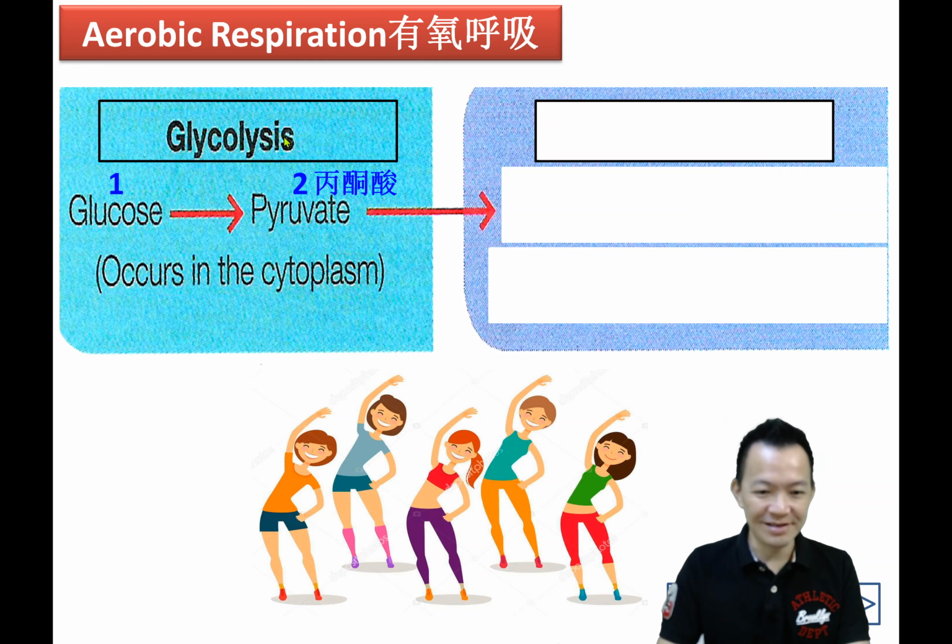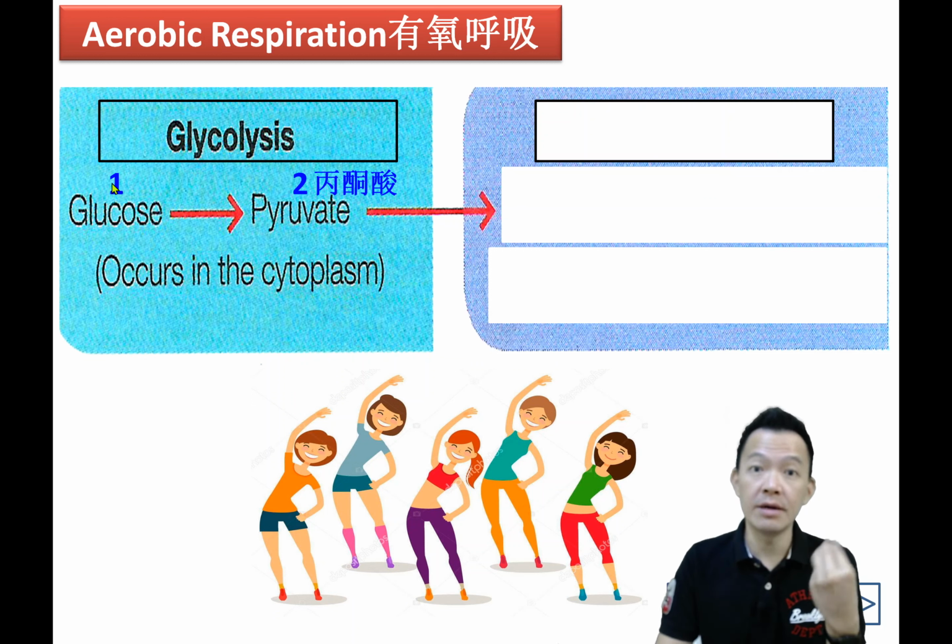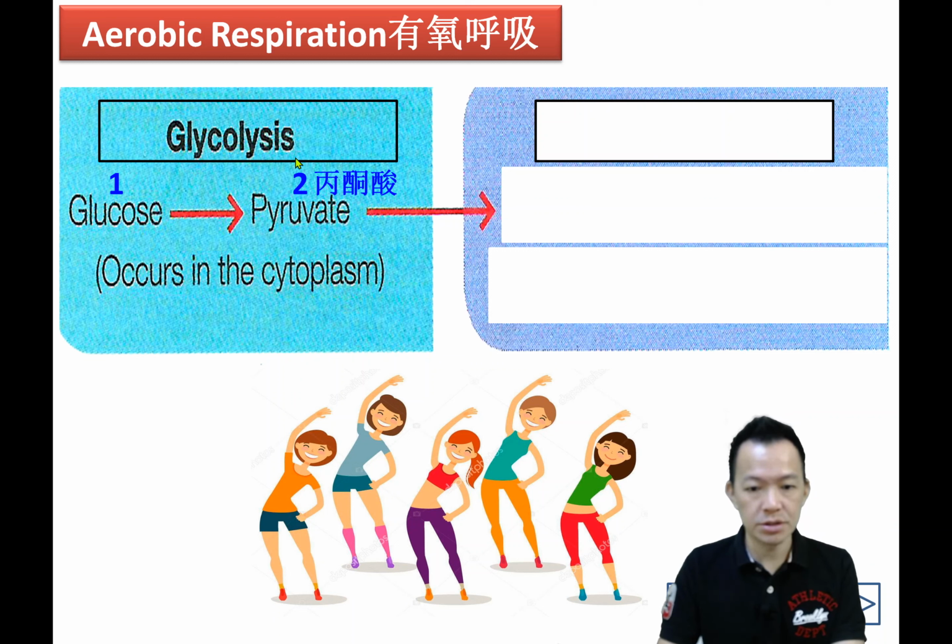So during glycolysis, with the help of the enzymes in the cytoplasm, one glucose molecule will be broken down into two pyruvate molecules. So what is meant by pyruvate? I don't know the Chinese term.